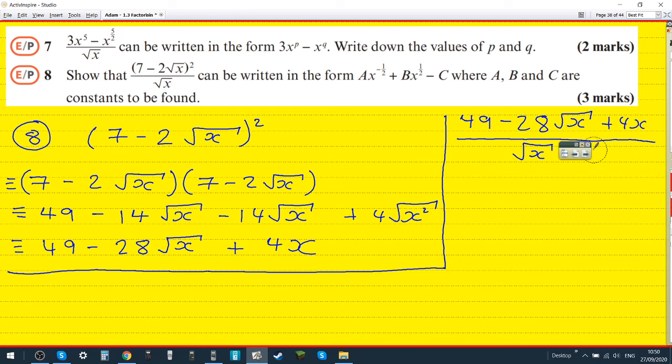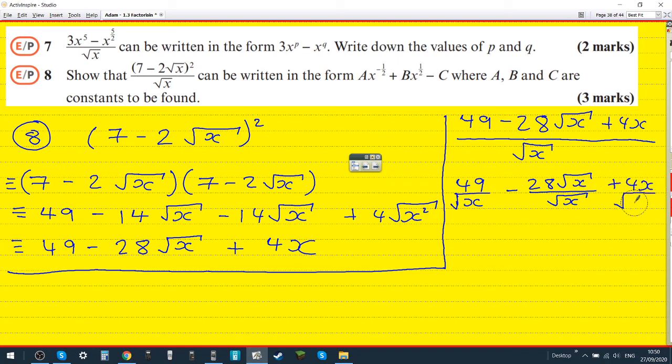So it'd be 49 over square root x, minus 28 square root x over square root x, and then plus 4x over square root x.